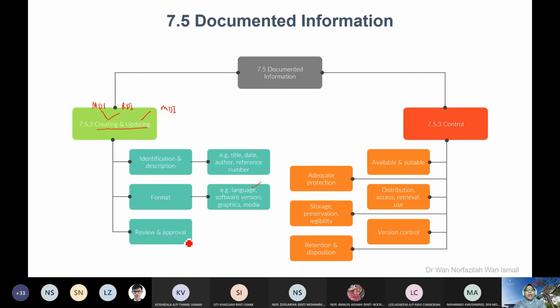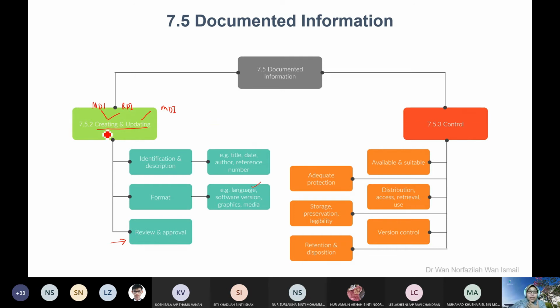Once approved, then you can give it to the customer. If you are a chemist working in the lab and you did the testing, your lab report must be reviewed and approved by the lab manager first. You cannot communicate directly with the customer, no. There are steps to do it.